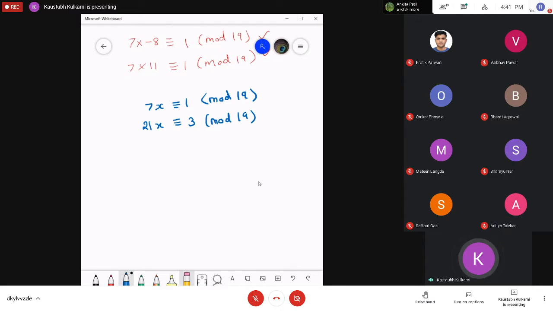As I said before, if a is congruent to b mod m, then a and b leave the same remainder mod m. So by that principle, 21x is congruent to 22 mod 19.